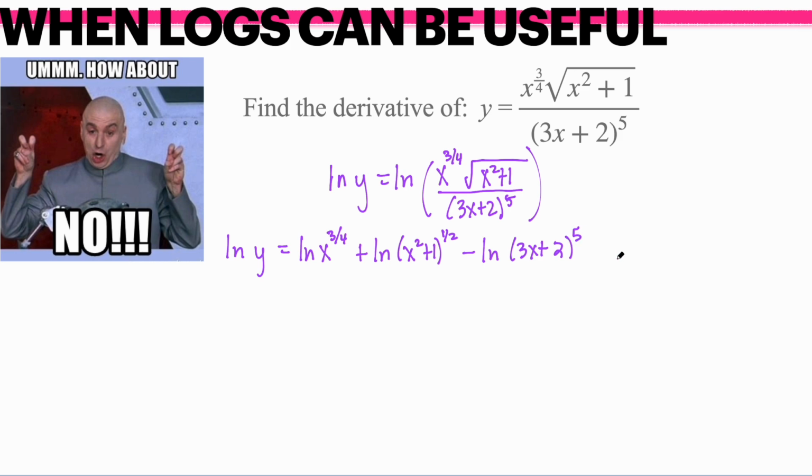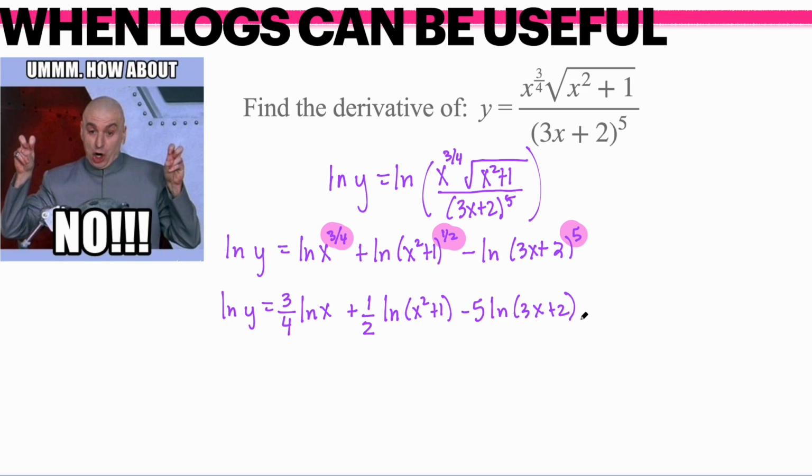Now, here's something else that's wonderful about properties of logs. Any exponent can actually be thrown in front. So this is actually 3/4 natural log of x plus 1/2 natural log of x squared plus 1 minus 5 natural log of 3x plus 2.